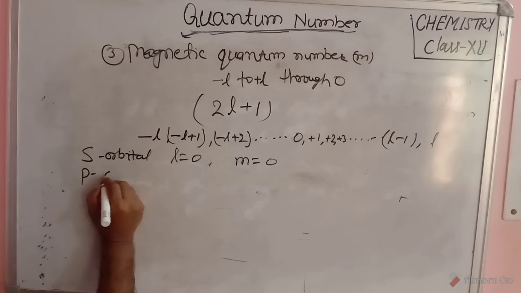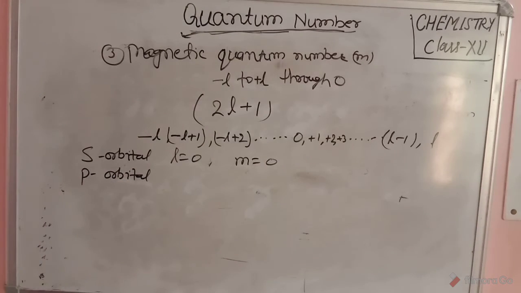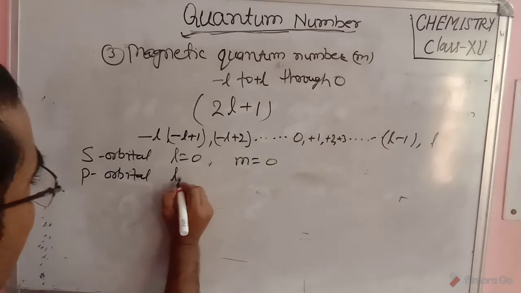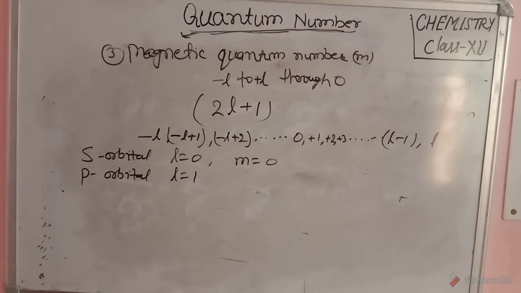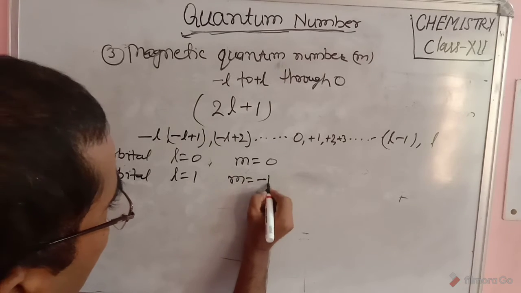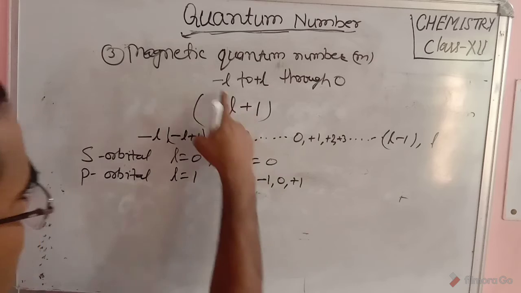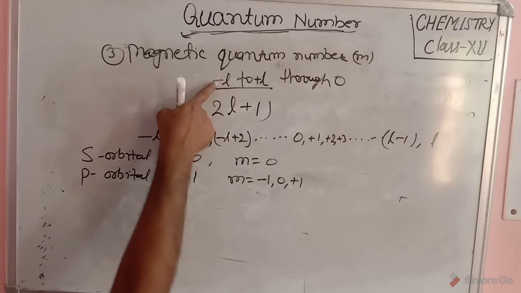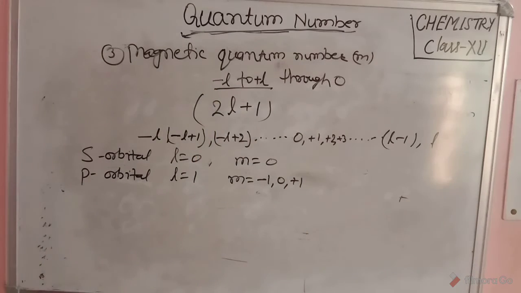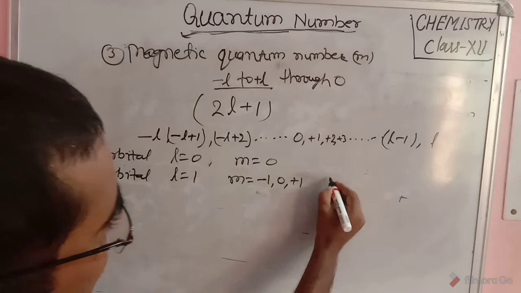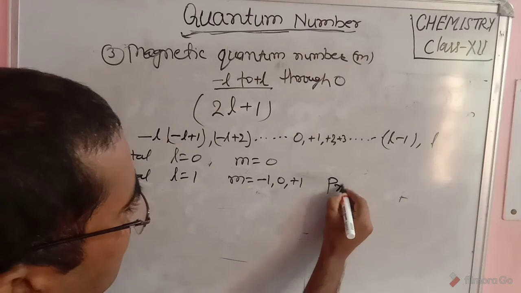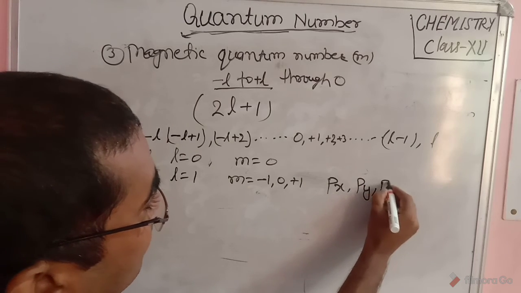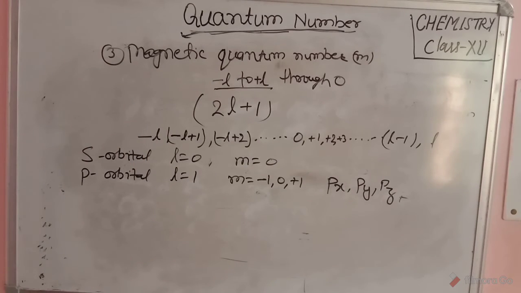For the p orbital, L is equal to 1. So m will be minus 1, 0, plus 1. Here the value lies between minus L to plus L. So L is 1, that's why m is minus 1, 0 and plus 1. There are 3 values, meaning 3 orientations are possible. So for P, it's Px, Py and Pz, 3 orientations along 3 coordinate axes.